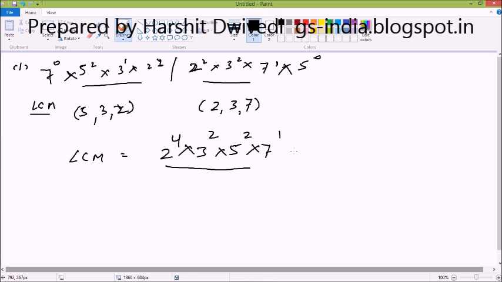How much will this be? 2 to the power 4 is 16. 3 square is 9. 5 square is 25. And 7 to the power 1 is 7. 16 into 9 is 144, into 25 into 7.